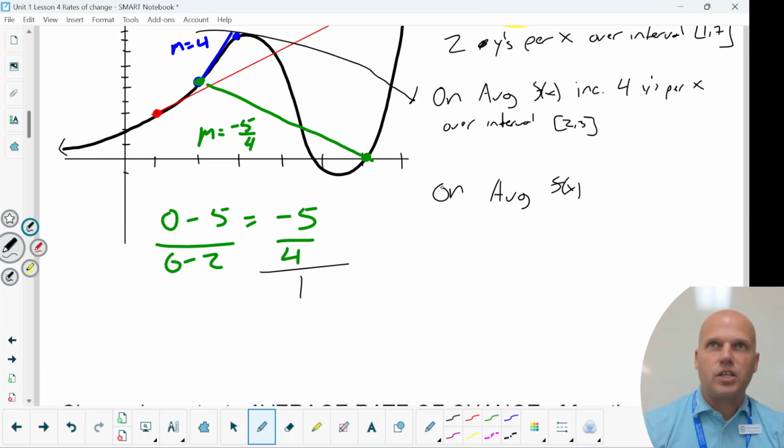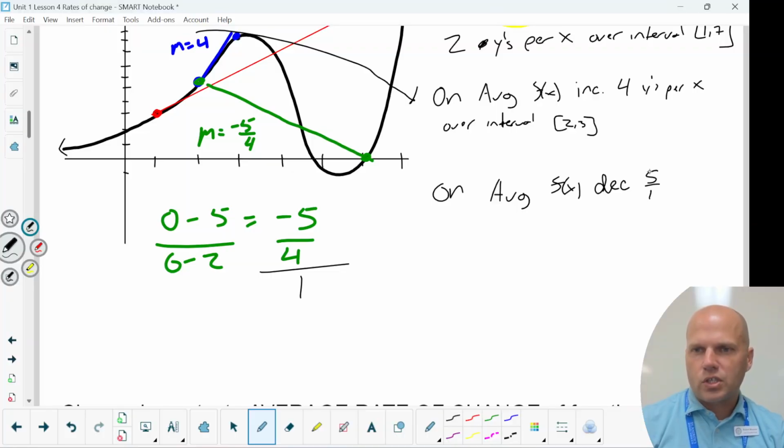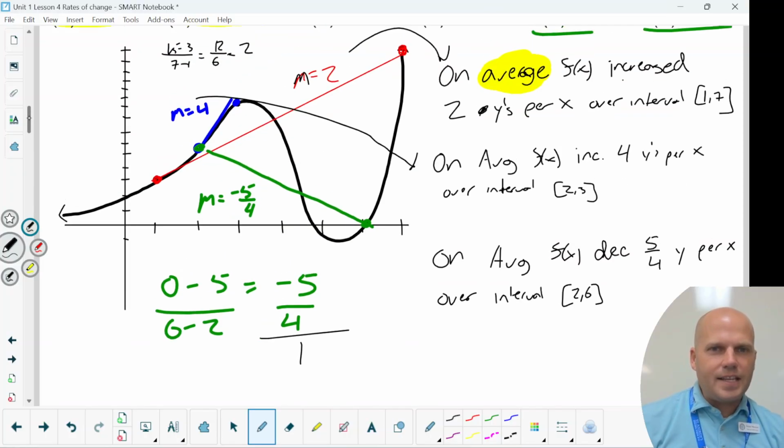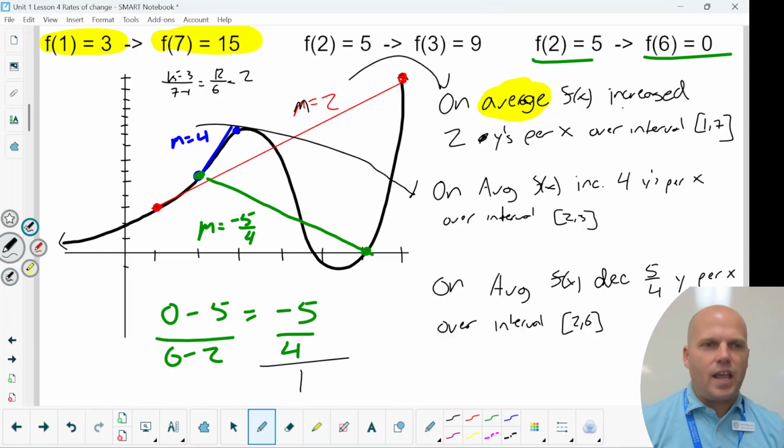So you'd say it decreases. Why? So that slope is negative. On average, my function decreased 5/4 of a y per x over the interval 2 to 6. This is the idea of a rate of change, a y's per x.